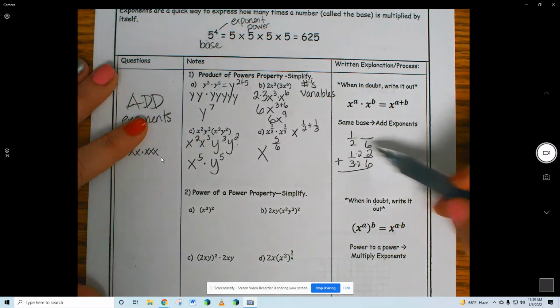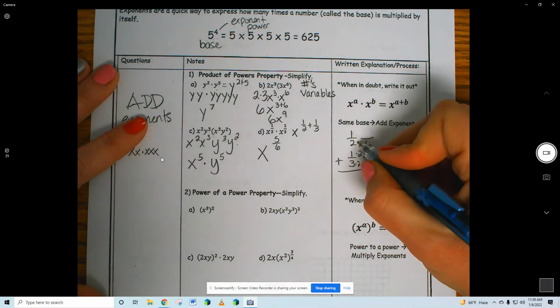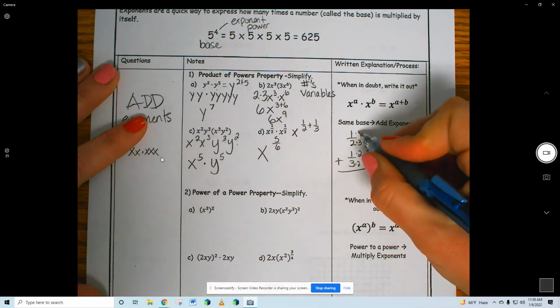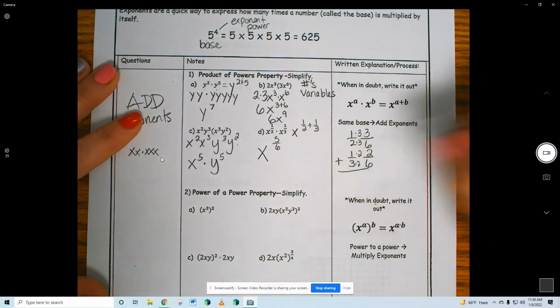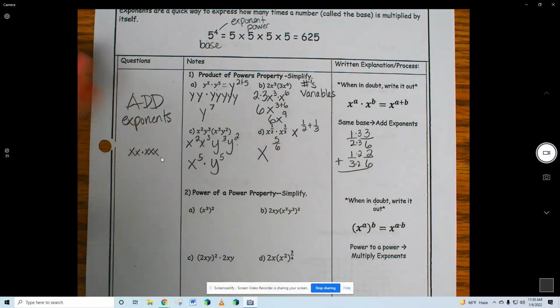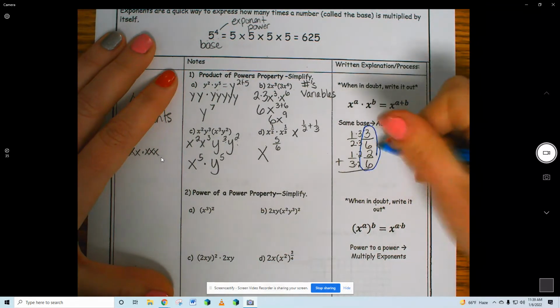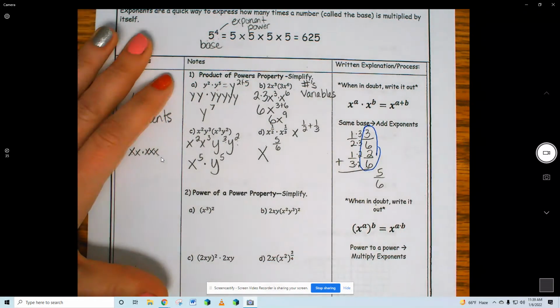And then I look at 1/2, and I'm trying to make the 2 into a 6. 2 times what is 6? 3. So whatever I do to the bottom, I do to the top. So my new math that I'm doing is 3/6 plus 2/6. 5/6.